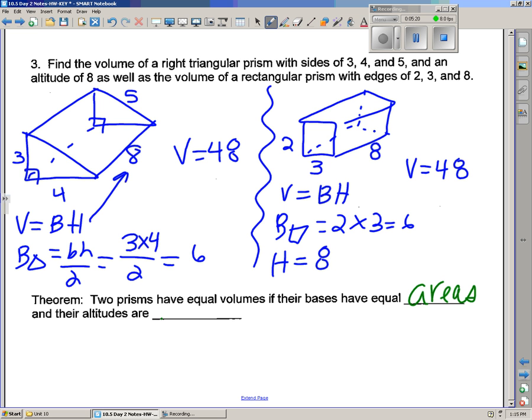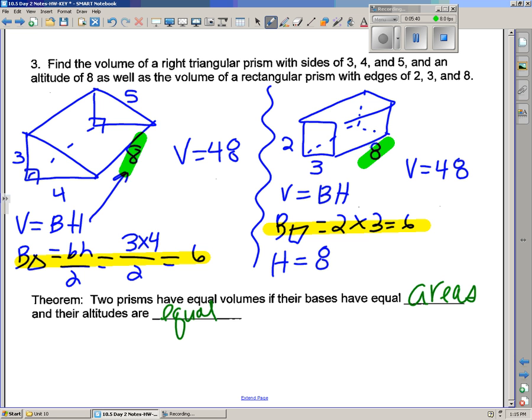While we have different dimensions here, their base areas were the same, and the altitudes were the same.